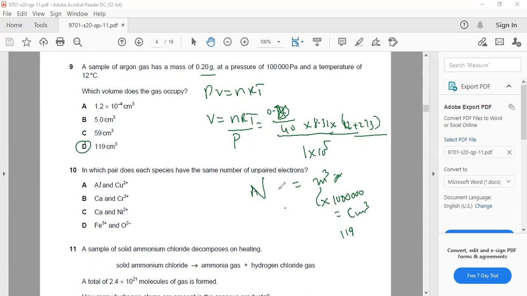Your answer will be in meter cube. So 1 meter cube is equal to 10 to the power 6 centimeter cube, so you have to multiply by 10 to the power 6. Okay.